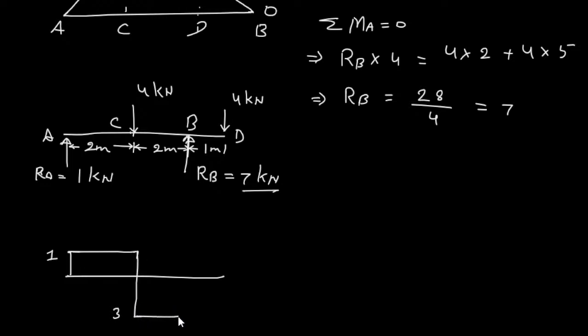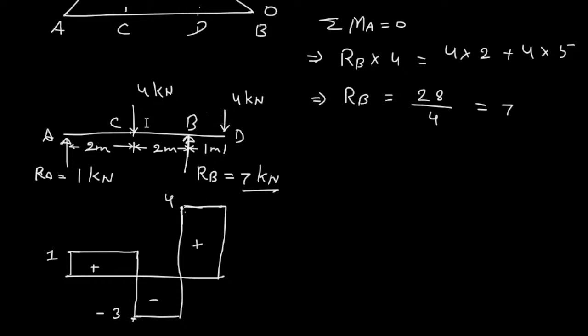Then I will go straight, and then RB is 7. Now minus 3 plus 7, we will get 4. So we will go like this, and then this value is 4, and then from here we will join. Okay, so this is plus, this is minus, and this is plus. The value is 1 here, minus 3 over here, and plus 4 over here. This is your S.F.D.